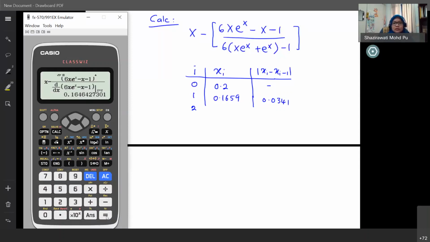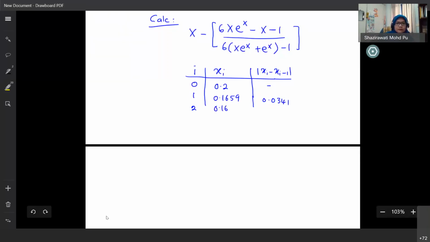This is actually your x2. So 0.1646. You can check the difference between the current and the previous. That is 0.0013. I just take it from the notes. So you cannot stop yet, meaning that you need to press one more.